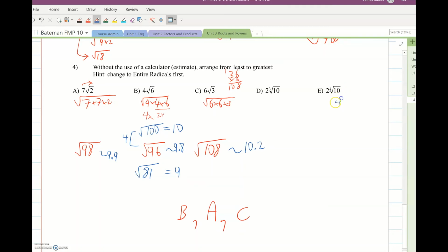So this one here would be the fourth root of 2 times 2 times 2 times 2 times 10. 2 times 2 is 4, times 2 is 8, times 2 is 16. So fourth root of 160.